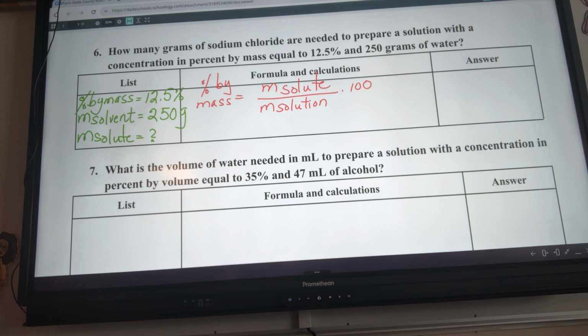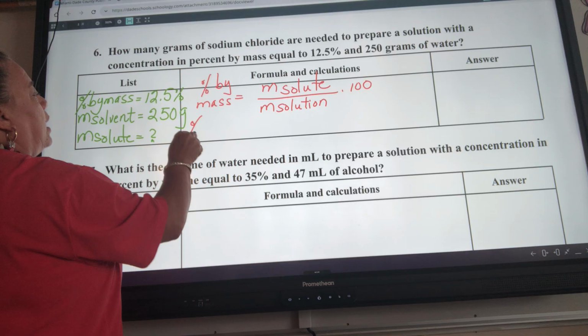Do I have the mass of the solution, Luciano? What is it? Look at the list. Do I have that? No, I don't have the mass of the solution. But I know that the mass of the solution is the mass of the solute plus the mass of the solvent. So I'm going to rewrite my formula.